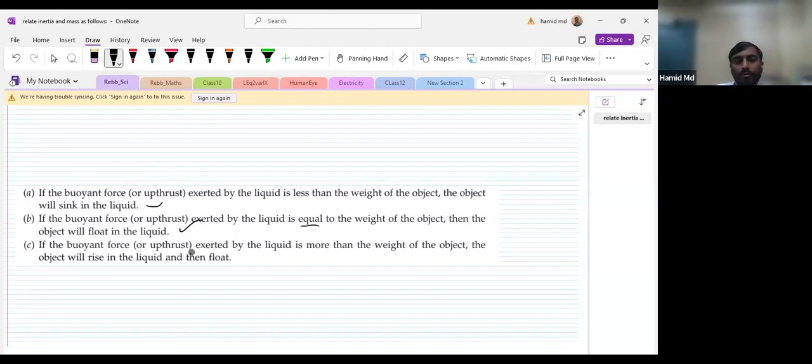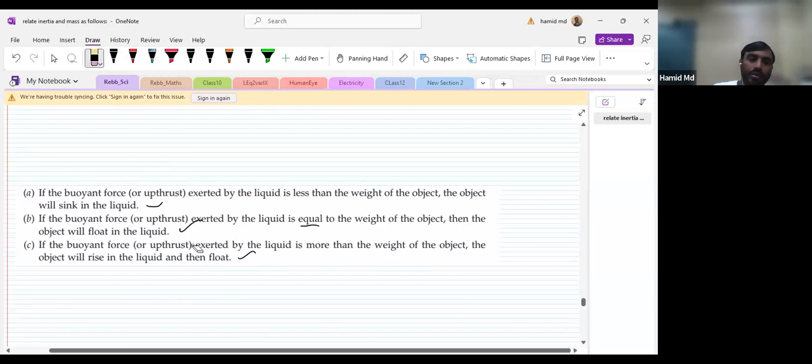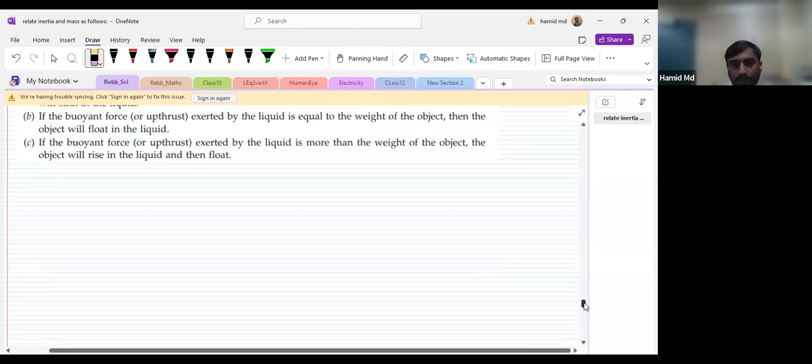If the buoyant force exerted by the liquid is more than the weight of the object, then also the object will rise and float. These were the three, in structured sentences. If you wish, you can take a screenshot or you may write. I actually wrote it down already, almost similar. Okay, then I'll take a screenshot.